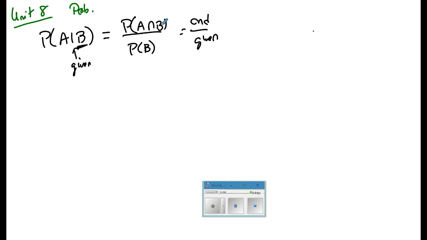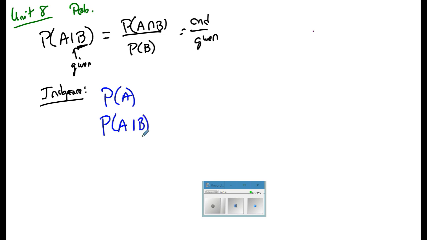Conditional probabilities are a big idea because it helps us talk about independence. Did one event affect the probability of the other event occurring? So the way that we do it is we find a probability. You find the probability of A happening. Then you still find the probability of A given something else happened.